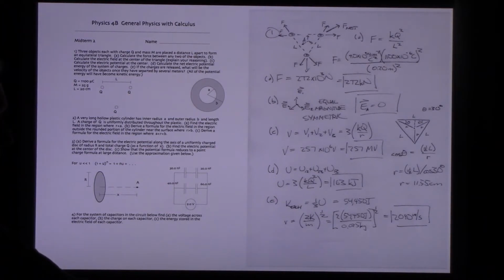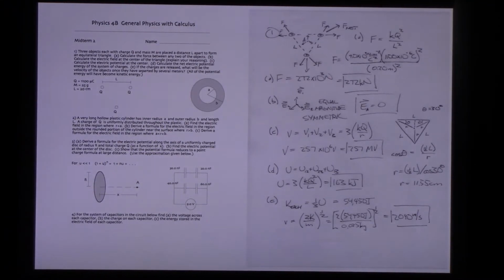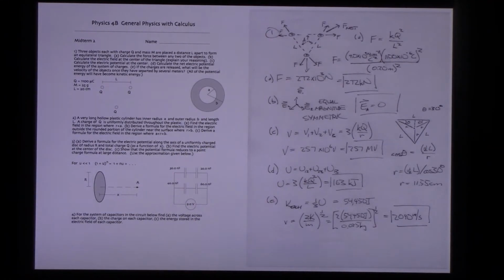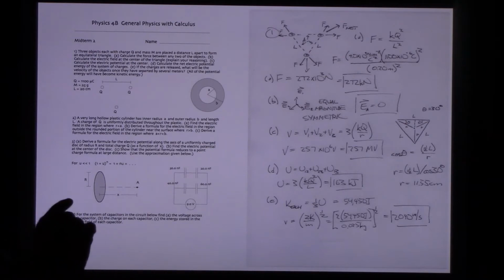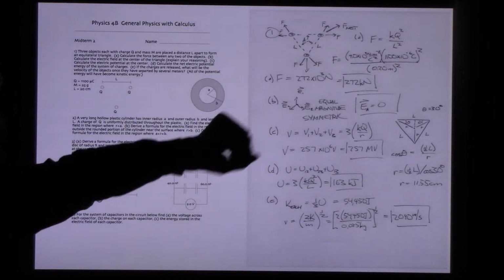All right, what happens now, part E, if all the charges are released simultaneously, so we let go of them all? What will happen is they'll begin to experience a force. Now, this is where the net force does come into play.